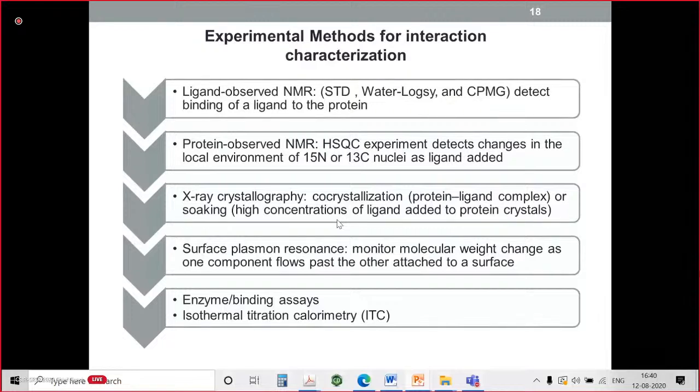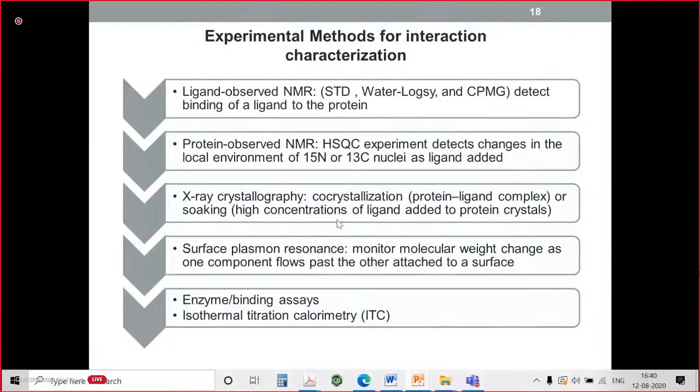We can use different bioassays also, enzyme binding assays, for detecting the interaction. As I told you, we can use ITC also, isothermal titration calorimetry. This technique is very useful, particularly for nucleic acids as well as other macromolecules like proteins.